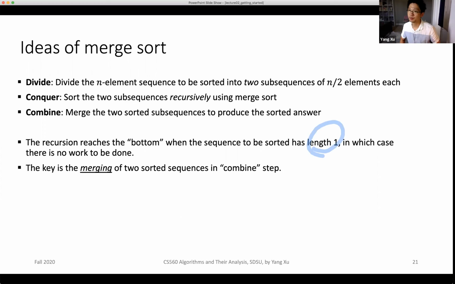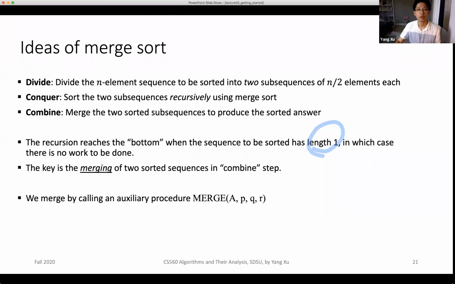In order to make such an algorithm work, we need to figure out the details of how we merge two already sorted subproblems into a sorted longer sequence that contains all the elements in both parts. Here, for the technical part, we will introduce an auxiliary procedure.